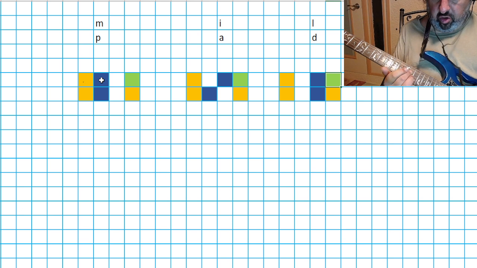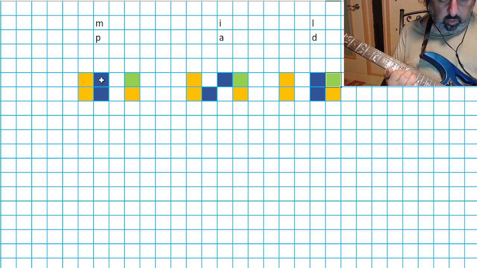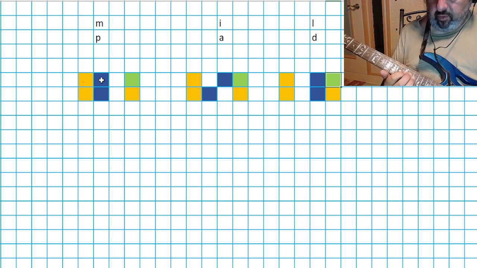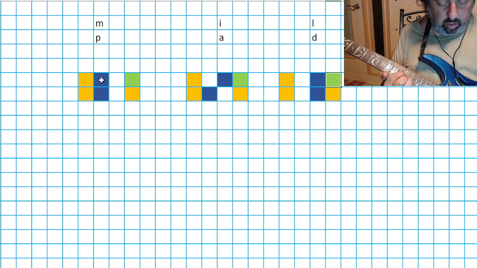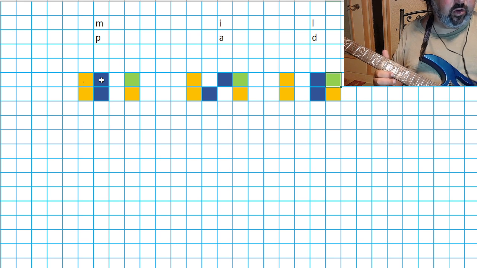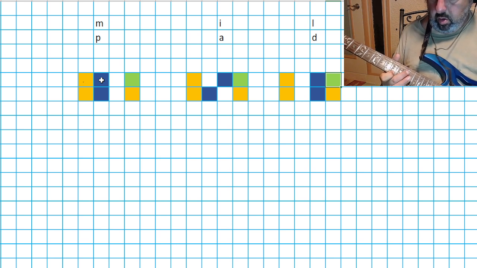The major would have this note. But the dominant's going to have this note. What do you know? That's the character note of the scale. The flatted 7.